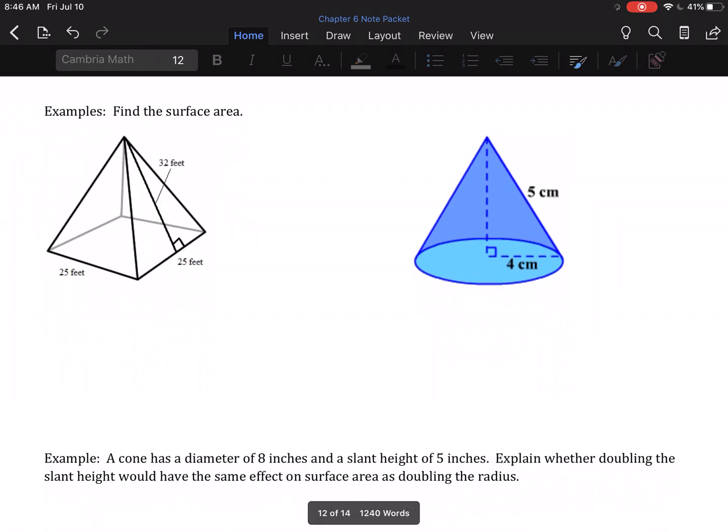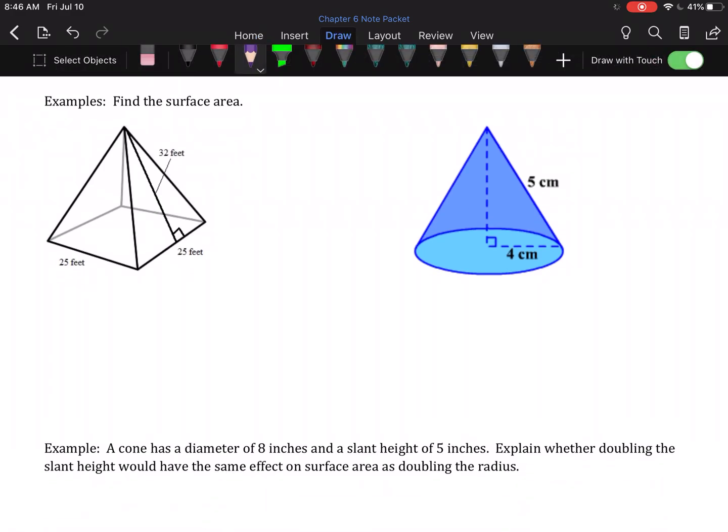So find the surface area. Okay, so surface area boils down to area of the base plus 1/2 perimeter of the base times slant height. So, on the square pyramid on the left here, the area of the base is 25 squared, because each side of the square is 25, area is length times width, so 25 times 25 is 625.